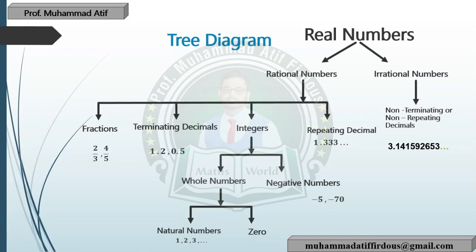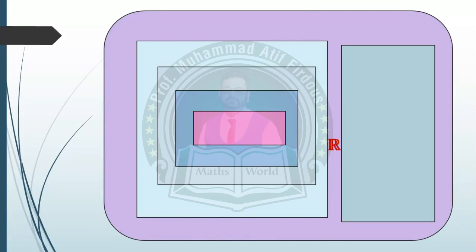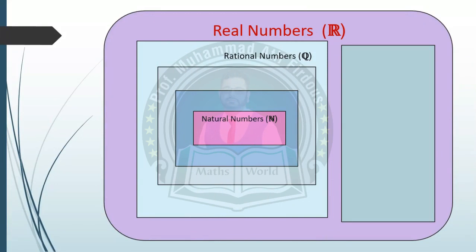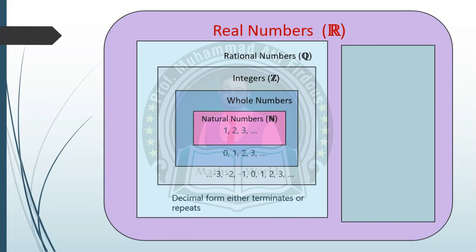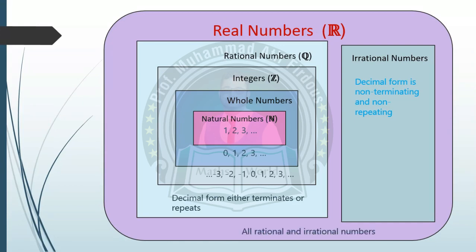Okay, or you can just remember our today's lecture with the help of this: real numbers contain rational numbers, containing natural numbers, which are 1, 2, 3 and so on, and whole numbers 0, 1, 2, 3 and so on, and integers, positive and negative numbers including 0, and the decimal form either terminates or repeats. And the numbers which are not rational are irrational. Their decimal form is non-terminating and non-repeating. Okay.